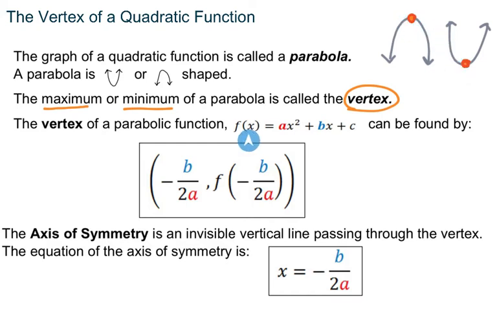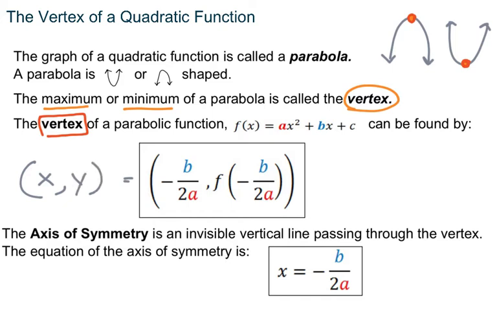And if your quadratic function is written in standard form, f of x equals ax squared plus bx plus c, then the vertex, that high or low point, will always be found by using this formula. The vertex is a point, an ordered pair, some x value and some y value.